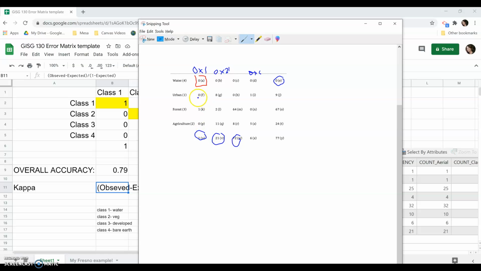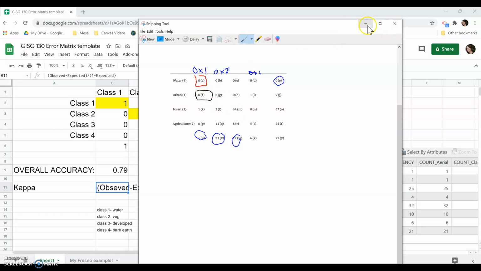For each row, for this square, we're going total of the row times total of the column. So 9 times 1 will fill in here, 9 times 21 we fill in here, 9 times 72, etc. And you'll go through again: 67 times 1, 67 times 21, etc.